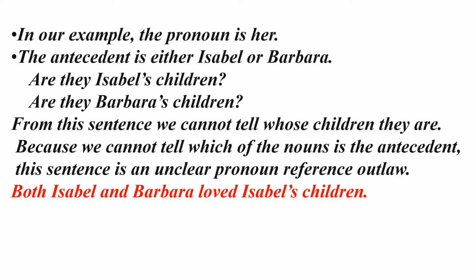If the pronoun cannot give us the proper meaning or if the pronoun makes the sentence vague or confusing, there is no need to use any pronoun. Instead, we have to use a noun. So, both Isabel and Barbara loved Isabel's children is a correct sentence.